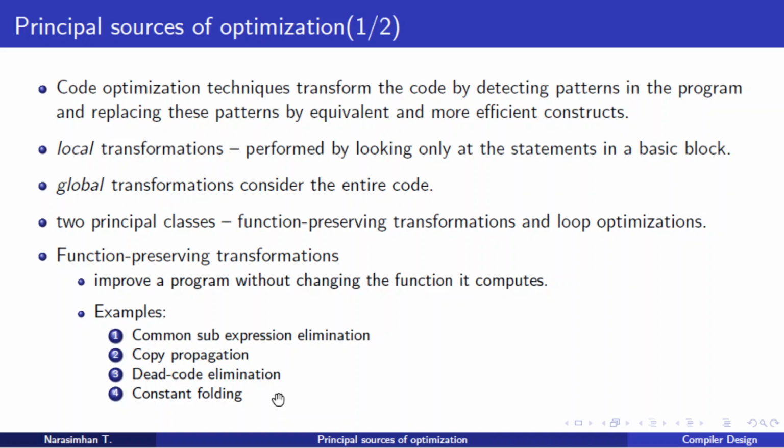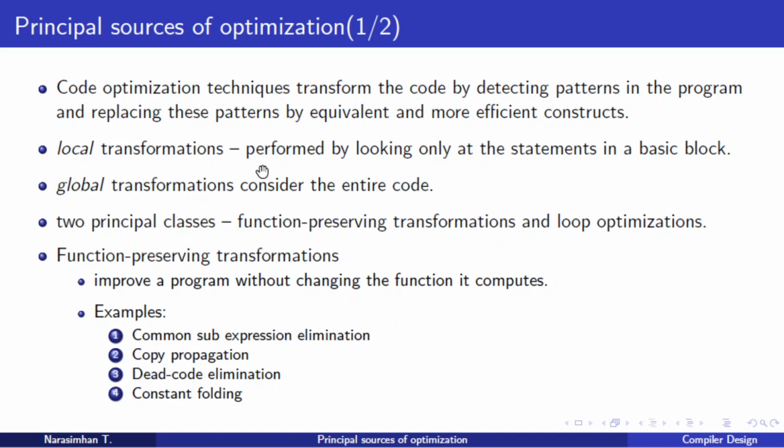A general working strategy of these techniques is that they try to detect certain patterns in the program and then transform the code by replacing those patterns with equivalent but more efficient constructs. This statement will become more clear as we proceed further, as we discuss examples. The transformations done on the program can be local or global.